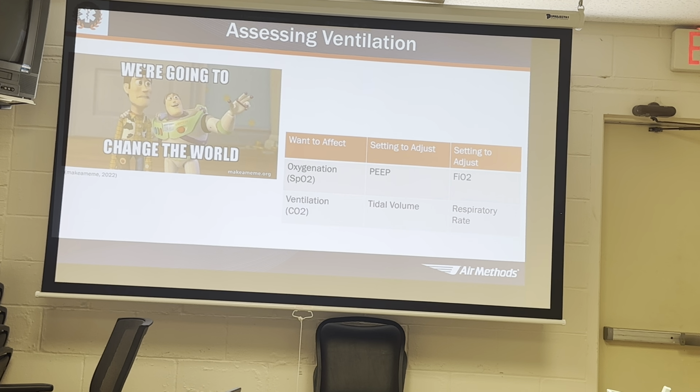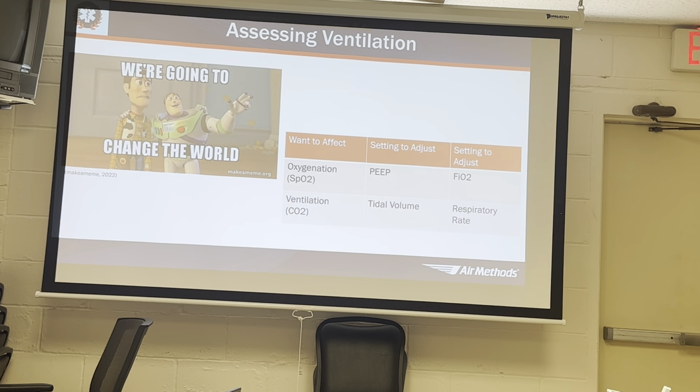This is just talking about adjusting different settings. PEEP is a really good way to increase oxygenation. By increasing PEEP, you're increasing the time under that curve, and really forcing oxygen to diffuse through those alveoli.